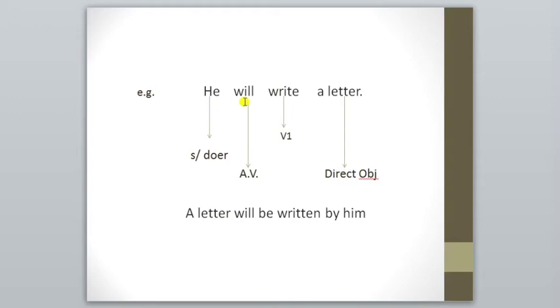But what is there? This is a sentence of simple future tense, and still the action of writing has not taken place, but it will take place. Okay, then will is auxiliary verb. You may call it helping verb also. Write is the present tense verb.